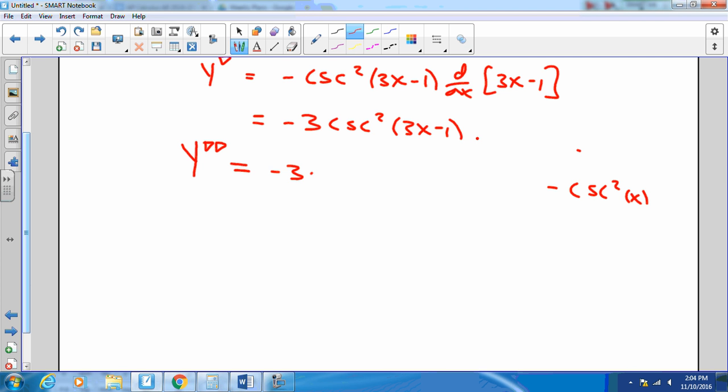Okay, so what options do you have? You mentioned product. If I'm going to think about cosecant squared of 3x minus 1 as a product, what is it the product of?